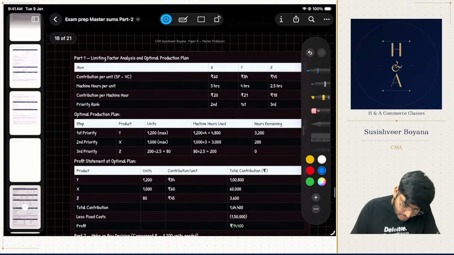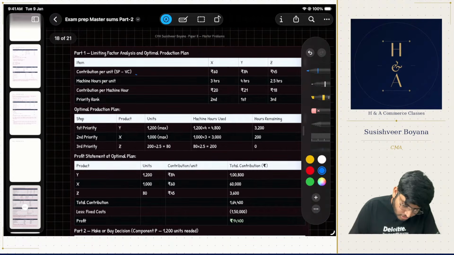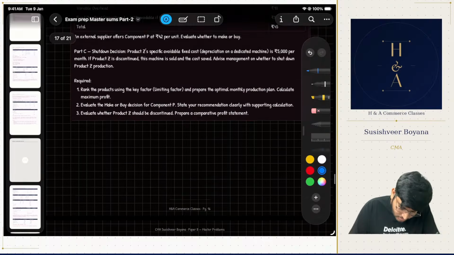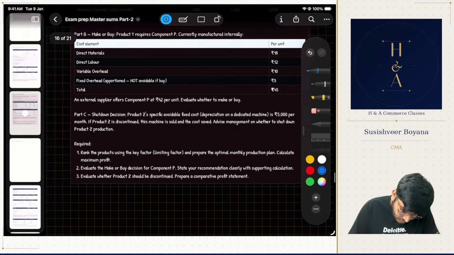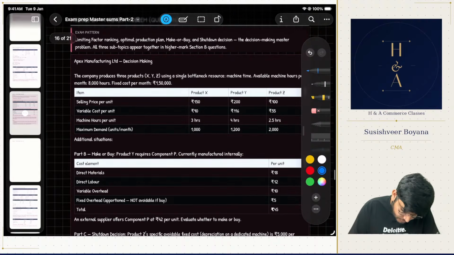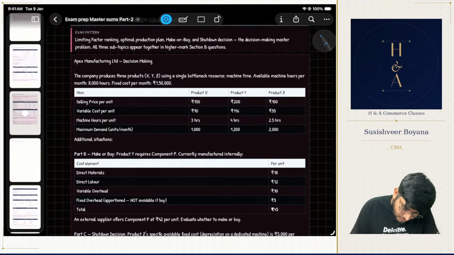Limiting factor analysis, let me just go through this. Contribution is directly calculated. The machine hours is the limiting factor. Total machine hours are going to be a scarcity. Available machine hours is 8,000.